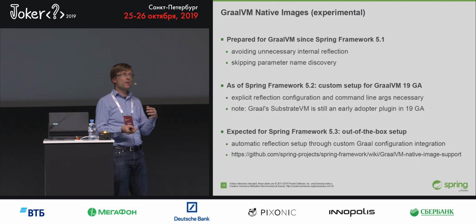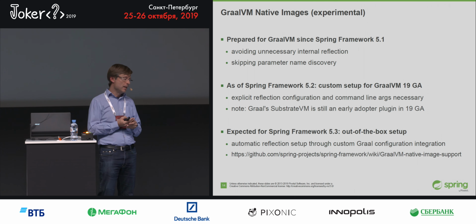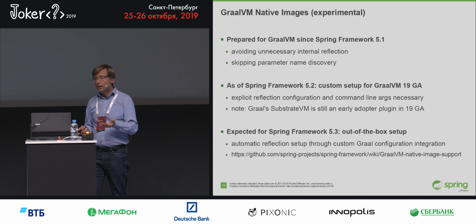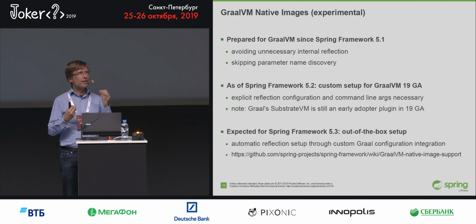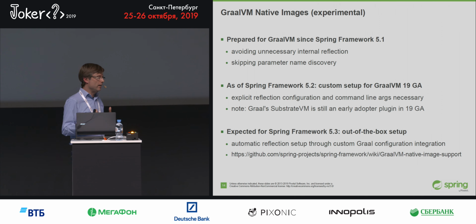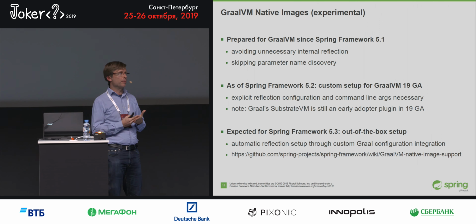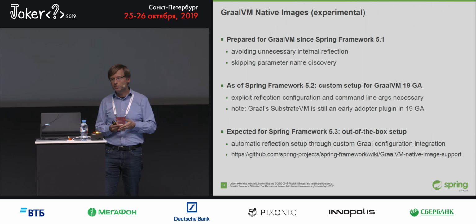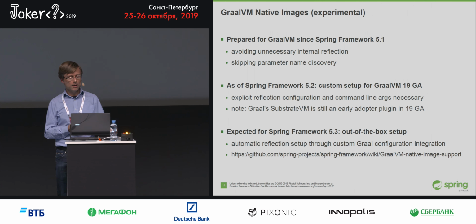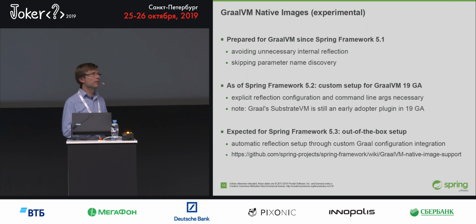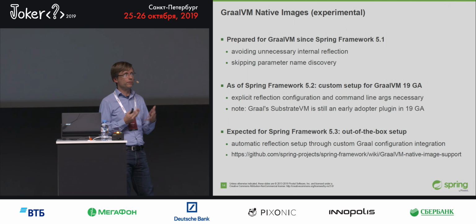There's no HotSpot optimizations, but at the same time, it starts up almost immediately. So there's very immediate startup and very reduced memory consumption. So if you care about startup time, or if you care about minimal memory consumption of your process, then native images are certainly a tool with a lot of potential here.